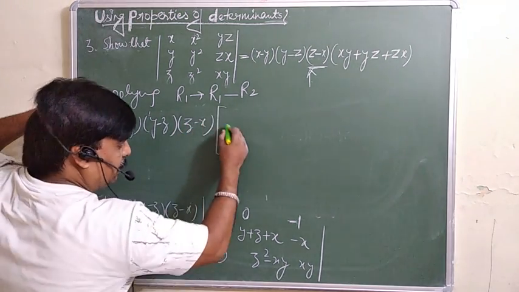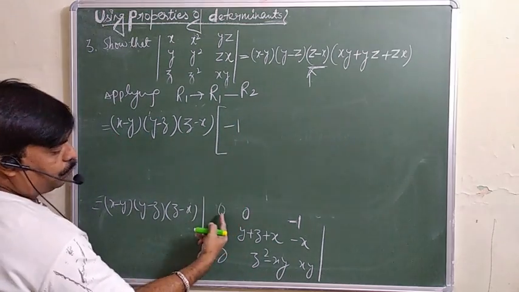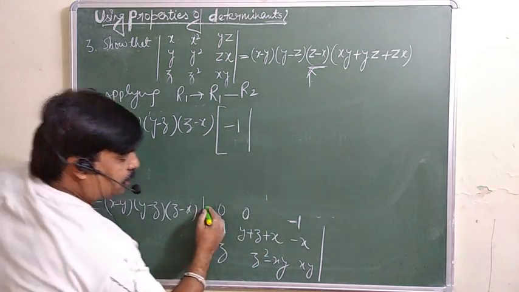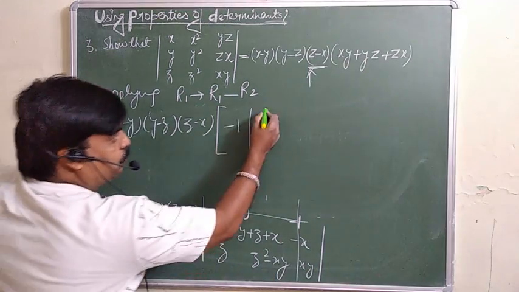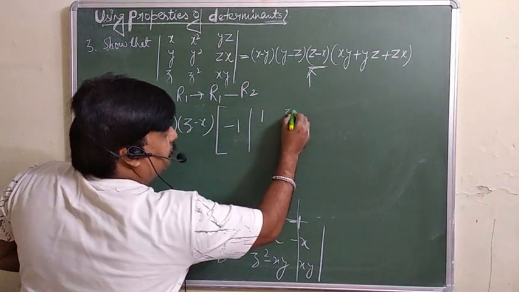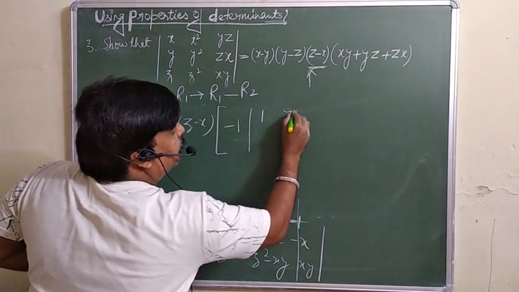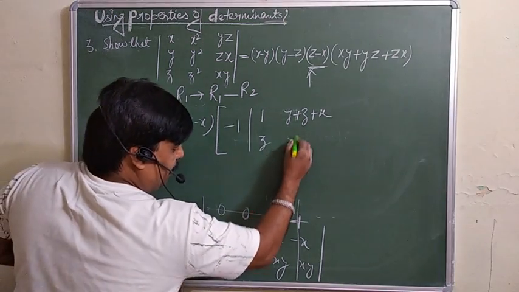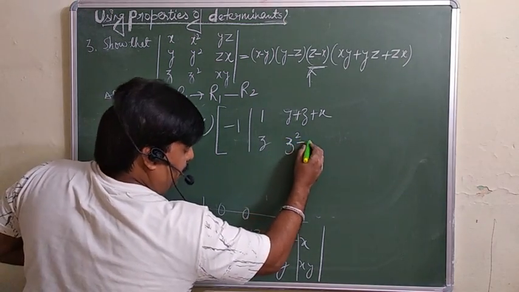For this one you will take minus 1, because plus into minus will remain minus. This row and column is gone. You are getting 1, y plus z plus x, and z, then z square minus xy.